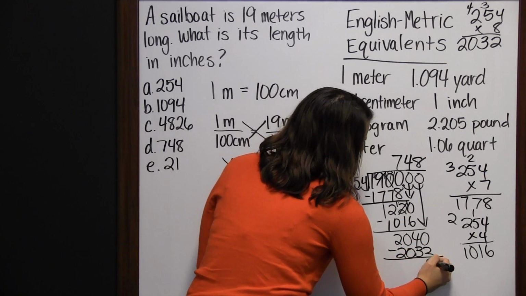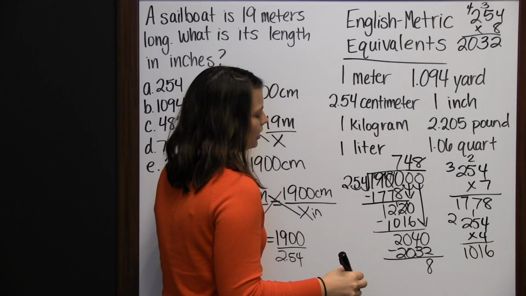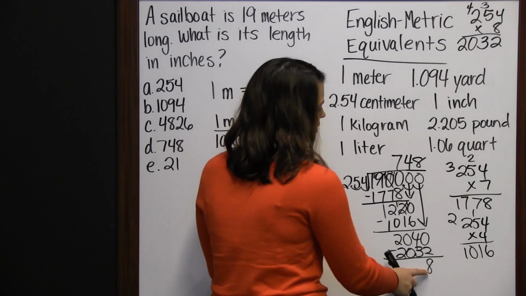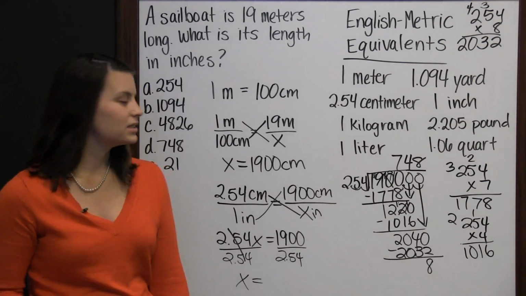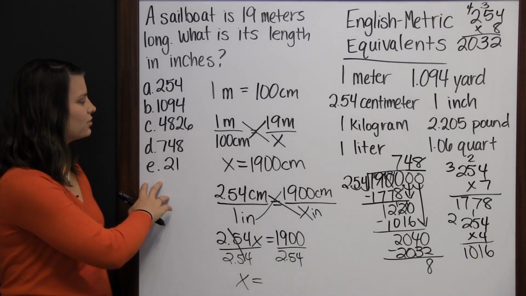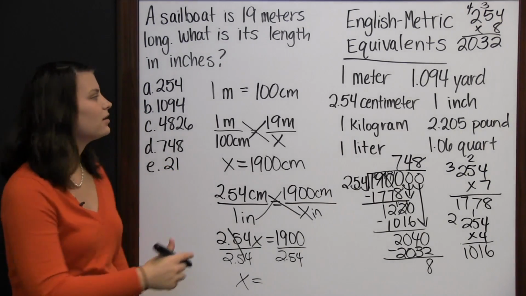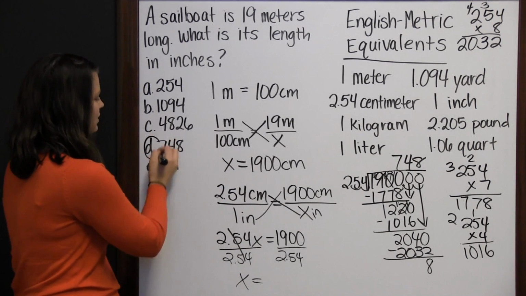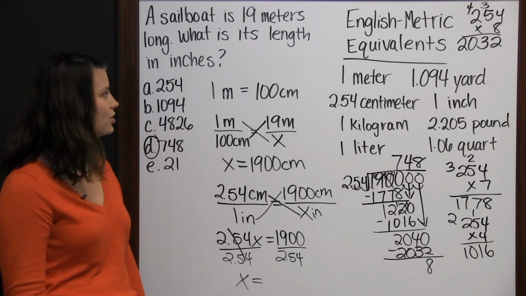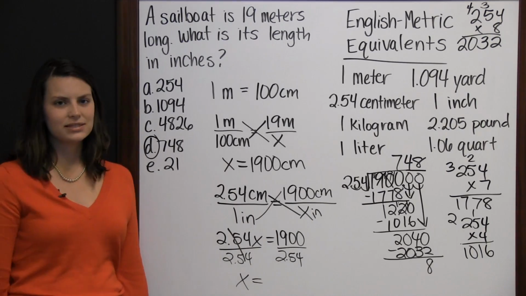We subtract and we get 8. And that would be our remainder. It'd be 8 out of 254, or we could keep going to find our decimal. But if we look at our answers, we don't need to keep going because none of our answers have a decimal as part of it. So our answer is D, 748 inches.